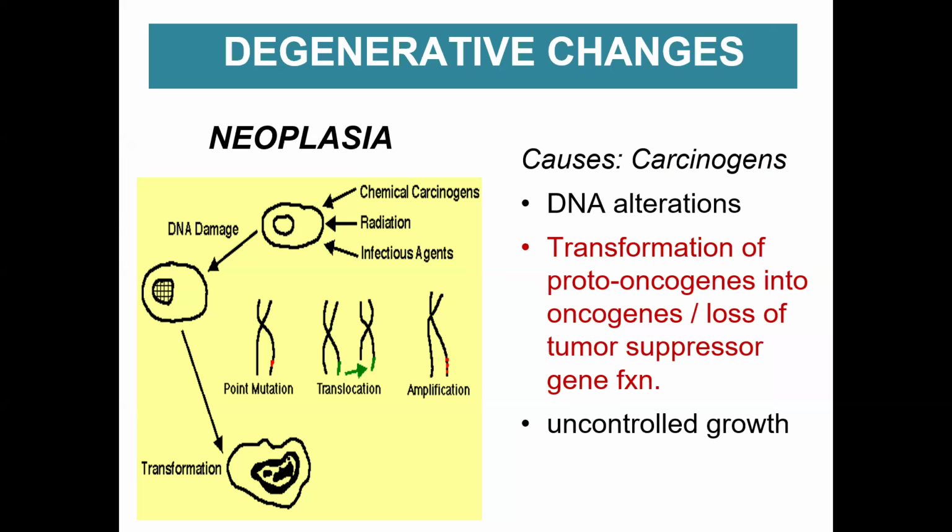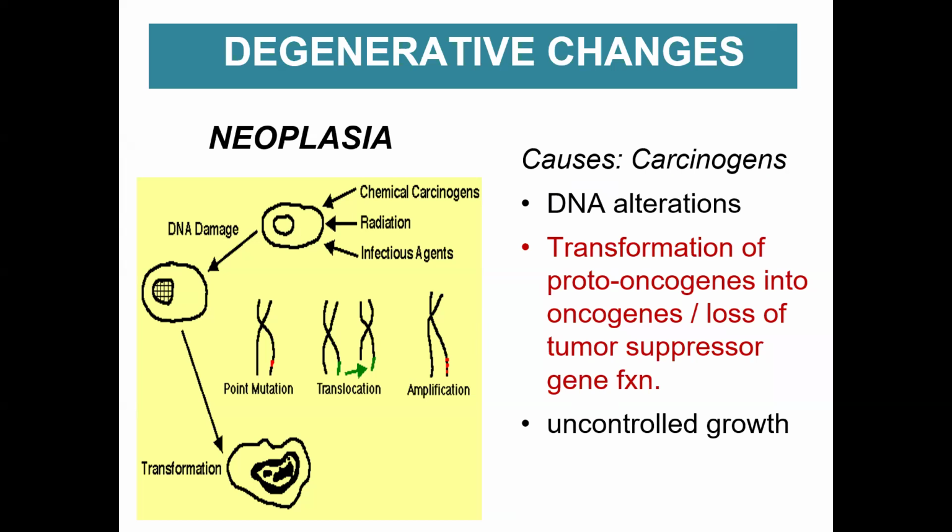However, if there is mutation of these proto-oncogenes, it will lead to the formation of oncogenes, which are cancer-forming proteins.